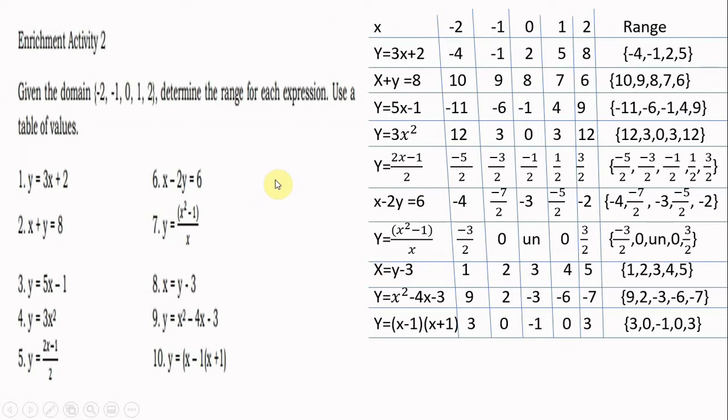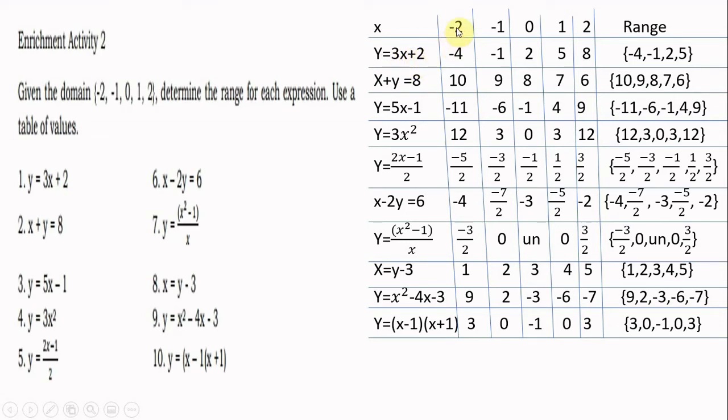Okay. Now, enrichment activity. Given the domain negative 2, negative 1, 0, 1, 2, determine the range for each expression. Use the table of values. Our x values are negative 2, negative 1, 0, 1, and 2. The first one is y equals 3x plus 2.